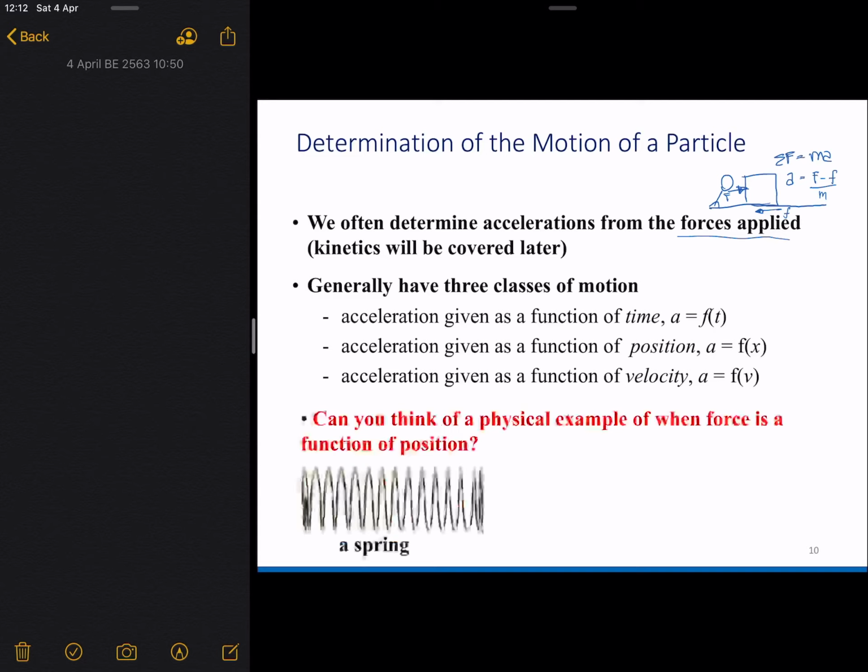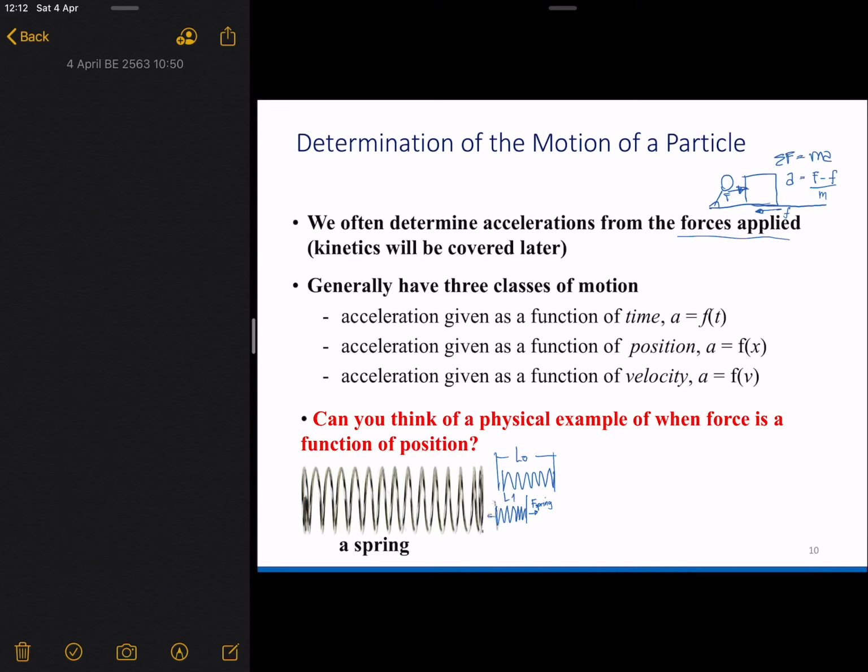You know that when we compress a spring, for example, here is L0 for the spring, meaning the spring is relaxed, there is no force applied, you just put the spring on the table, and then when you compress the spring to L1, you will get the spring force to your hand, okay, from both sides.